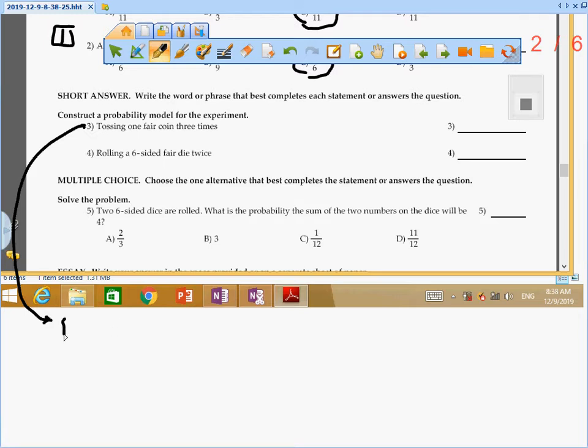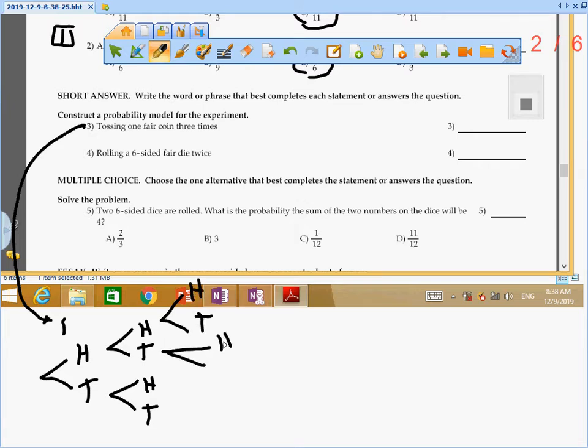I may have at the first one head or tail. So the first throwing could be head or tail. The second one could be head or tail. And then the third one could be head or tail.